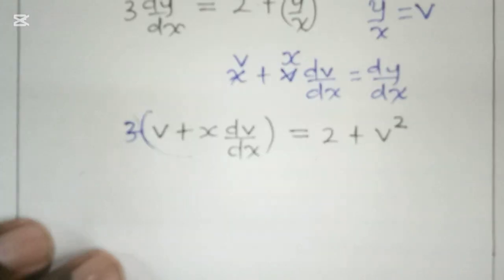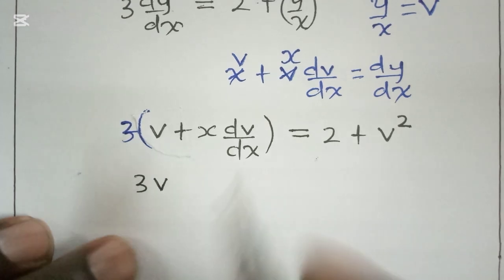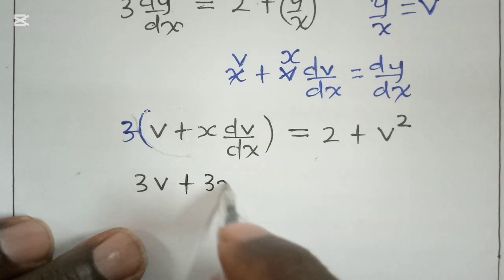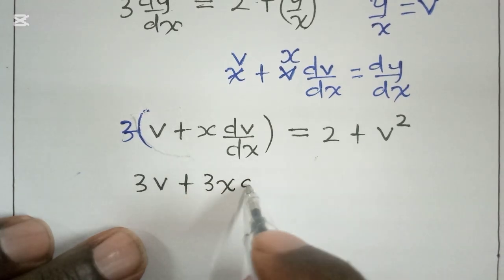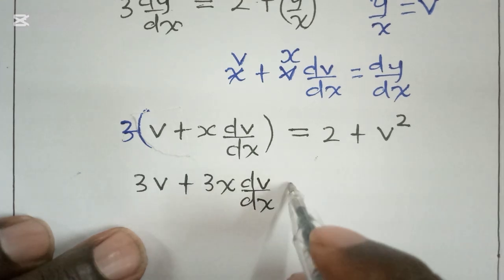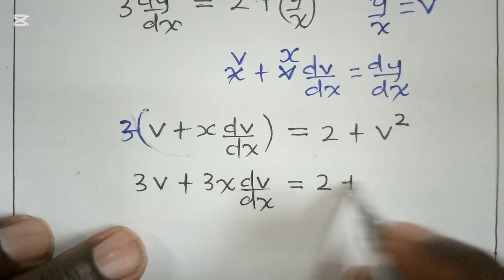Guys, we continue. This is going to give us 3v plus 3x dv dx equals 2 plus v squared.